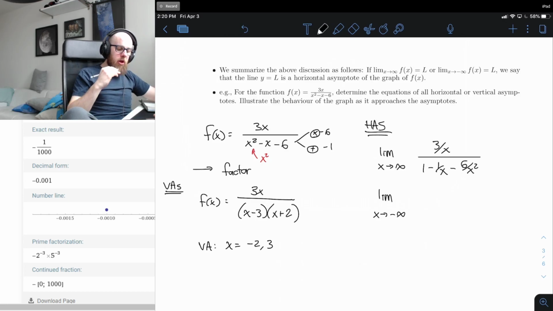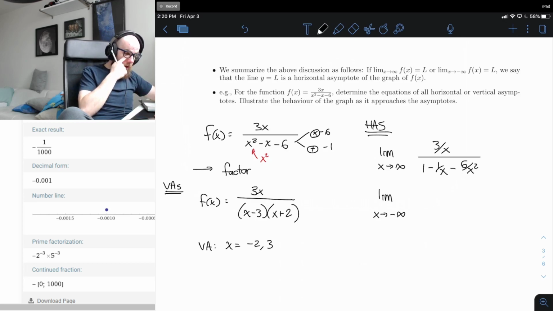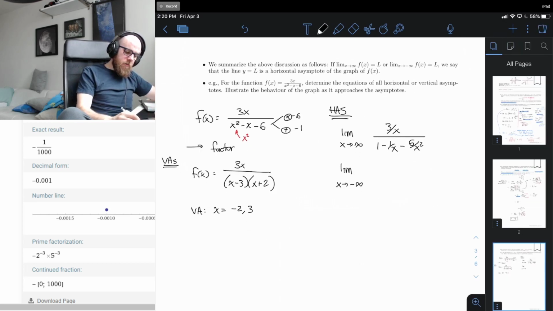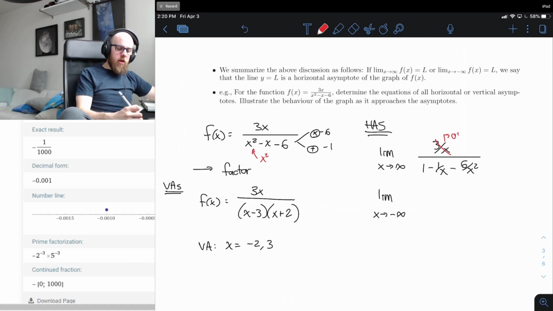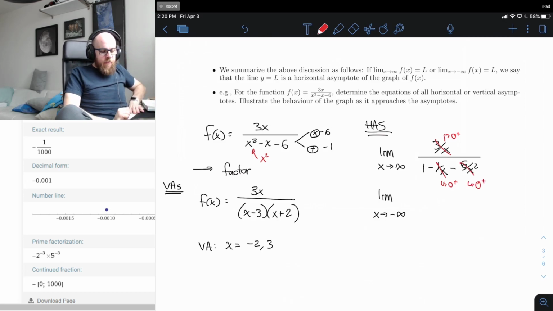Then I can imagine plugging in a really big positive number into this. What I'm going to see is that each of these terms will effectively be 0, but still a little bit positive.